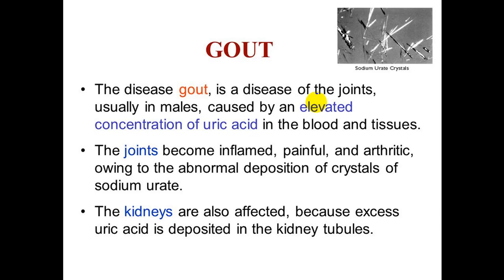Gout is an elevated concentration of uric acid in the tissue and also in the blood, and this uric acid can be accumulated in the joints, which makes the joints more painful because there is inflammation due to the deposition of the uric acid.